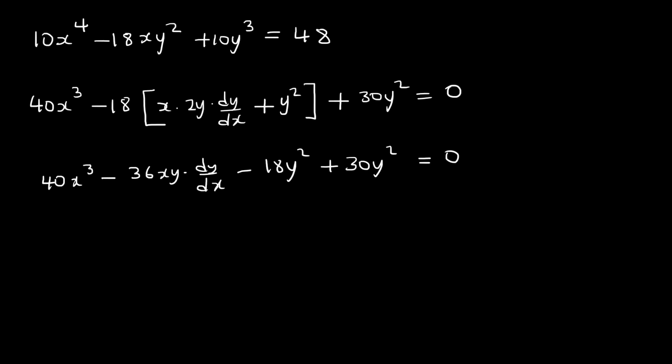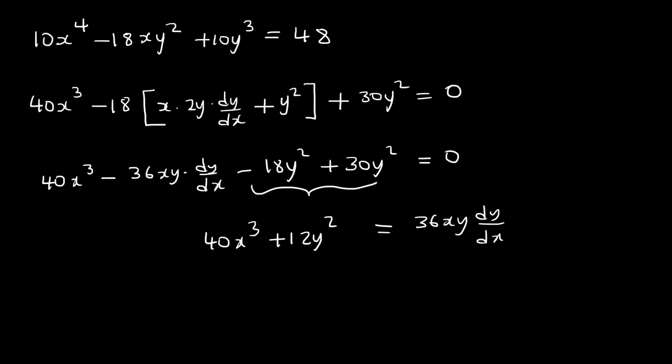So now we are solving for dy/dx. Because it's negative, I'll just take it to the other side to be positive 36xy dy/dx. This side I have 40x cubed plus 12y squared. Negative 18 plus 30 should be 12.